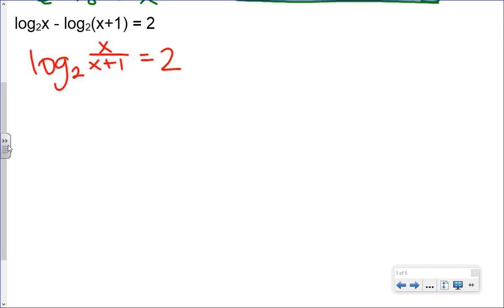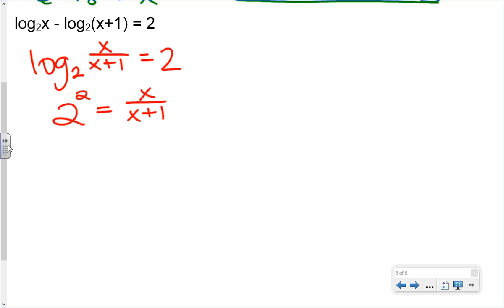Now, what are we going to do? Now we can rewrite it as an exponential equation. So we have 2 to the second equals x over x plus 1. All right, now we need to solve for x.